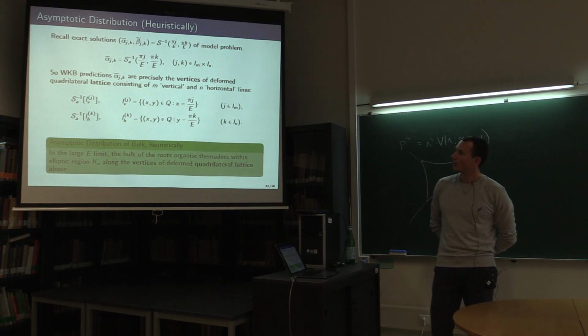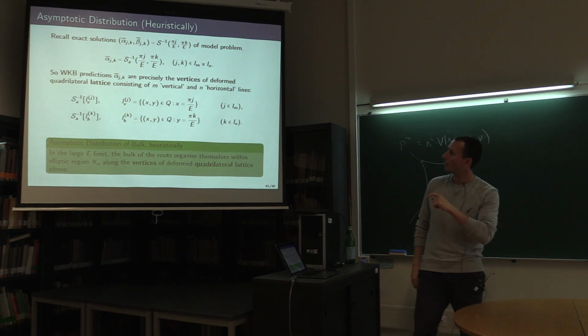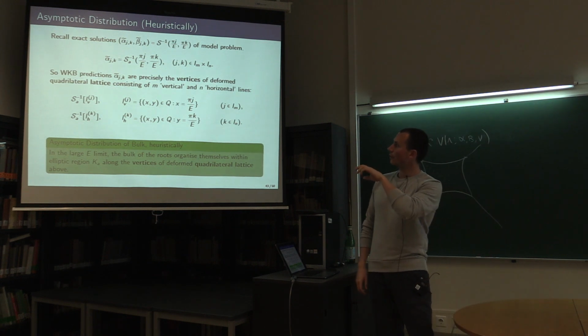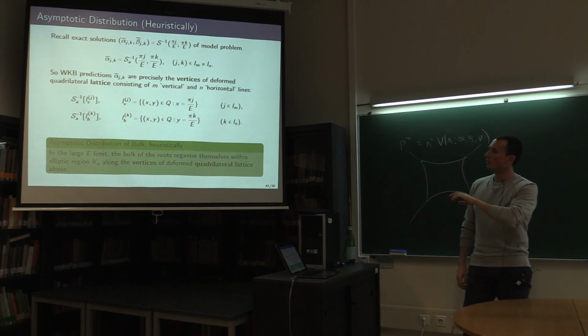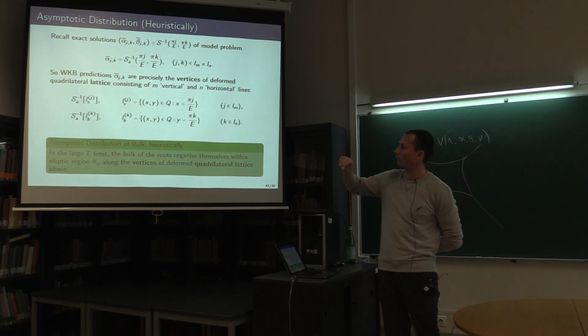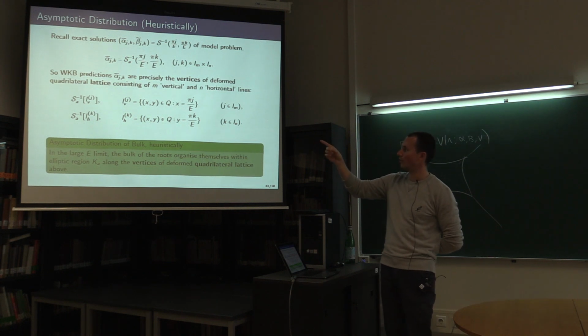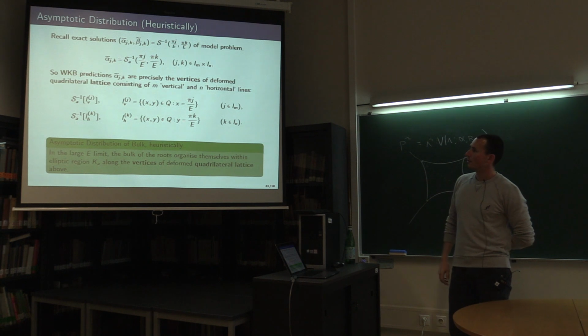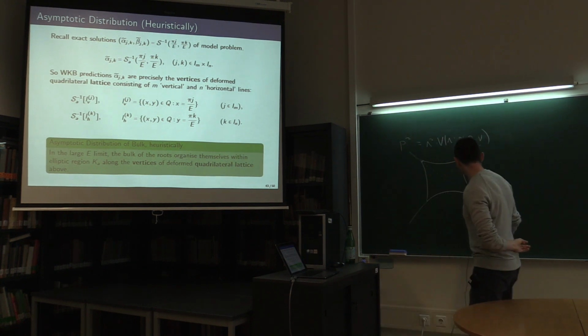And so the WKB prediction: if you see these alpha tilde, they lie exactly on the vertices of this deformed quadrilateral lattice.